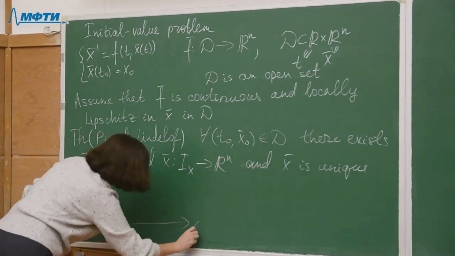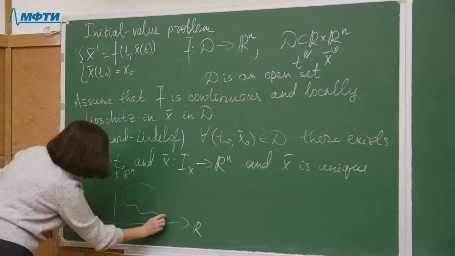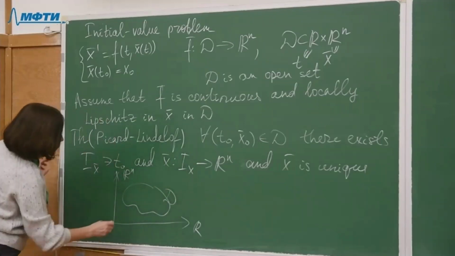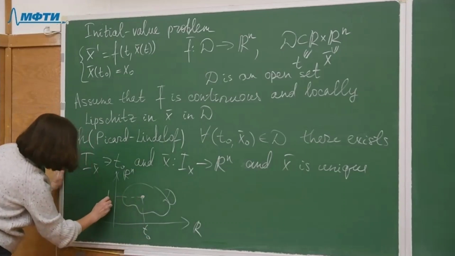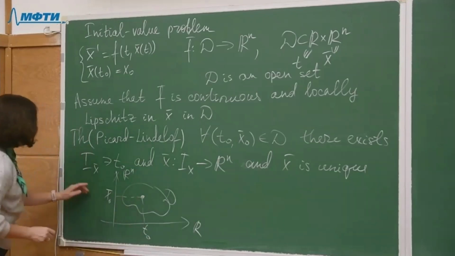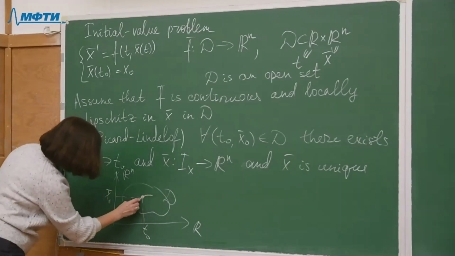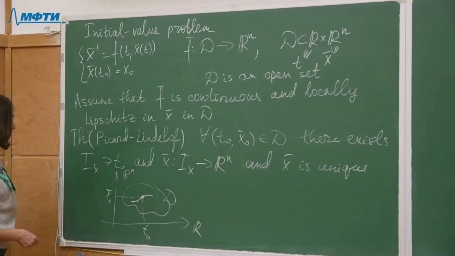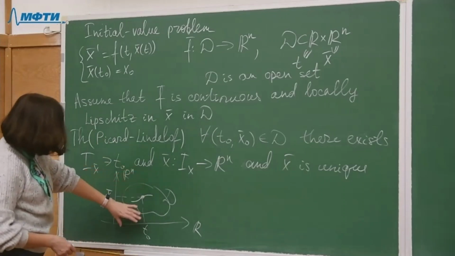So for example, if this is R, and we have some open set D, and we fix a point t0 and x0, so the vector. There is an interval, and a solution which is unique in this interval.